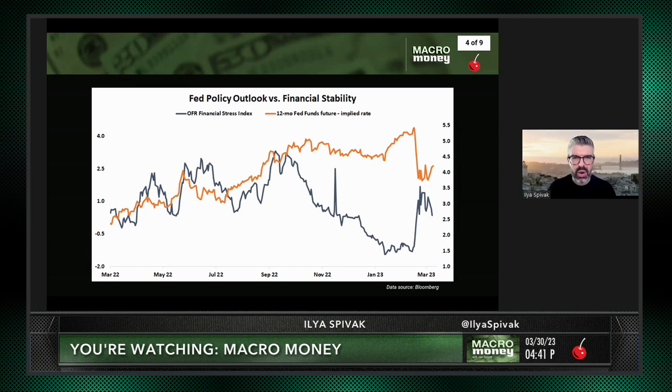How does one square that? Well, ostensibly then, the moderation, or at least the pausing in these risk readings, is not something the market is taking at face value. They don't think that the worst is over. And that's why these rate hike expectations haven't rebuilt.